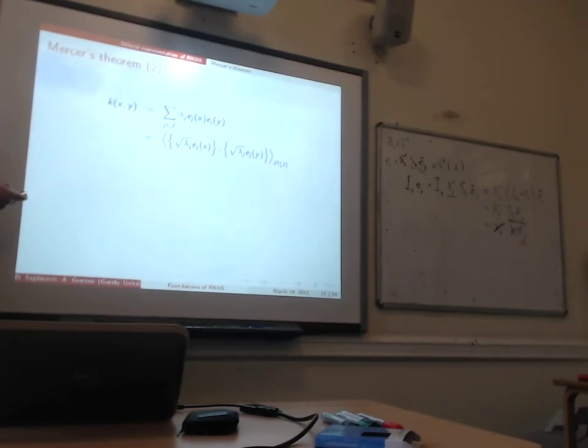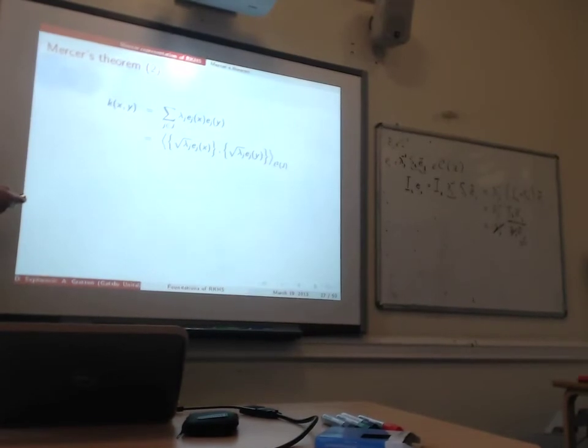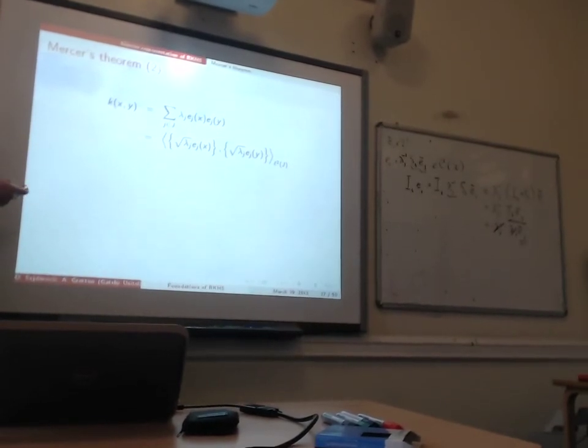The other one is square root lambda j, Ej evaluated at y. So that's just free by noticing that this is exactly equal to that. But this is exactly writing the kernel function as an inner product in some Hilbert space. And in this case, it happens that this Hilbert space is small L2. And these are the feature space representations.